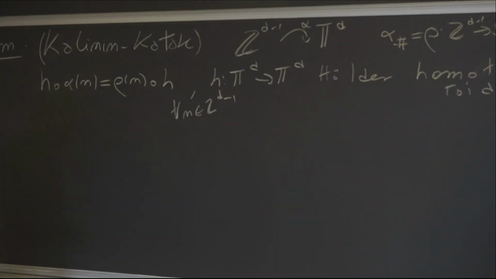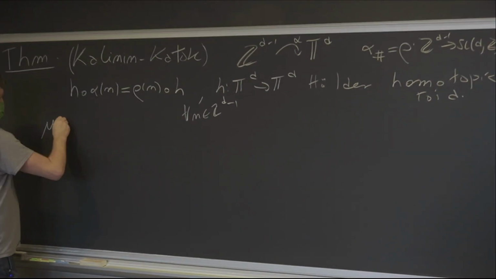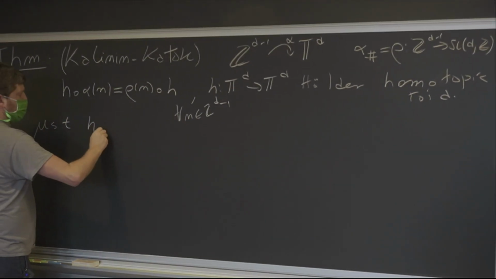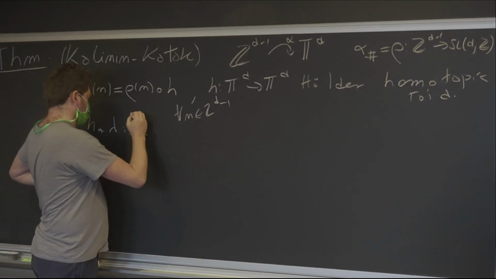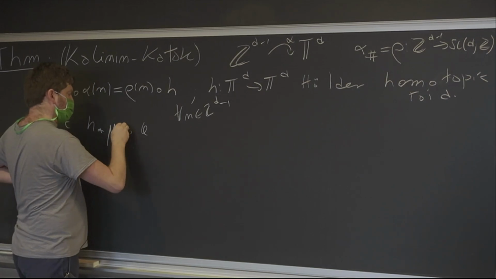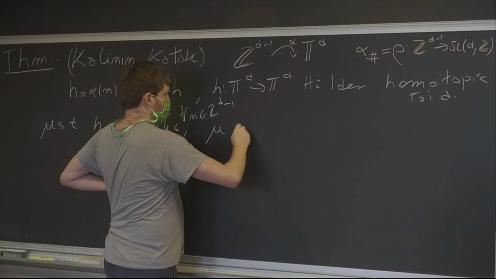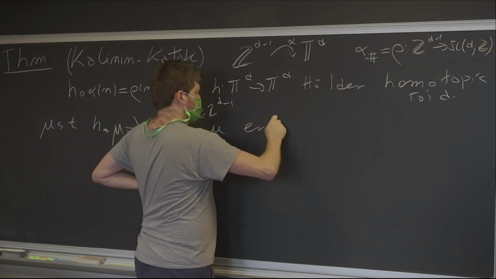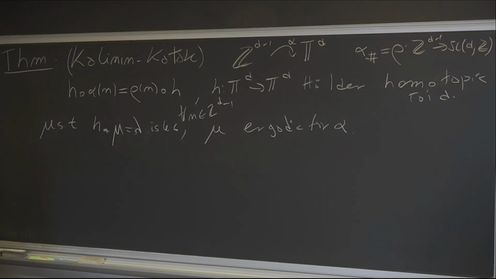Z^(d-1). We take mu such that H star mu equals lambda, Lebesgue. Mu ergodic for alpha. And the action rho is what is called a Cartan action.